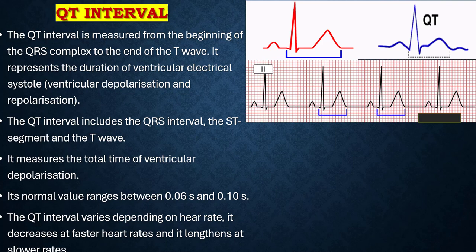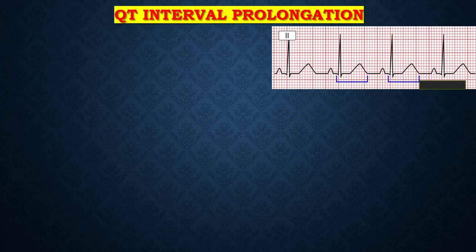It decreases at faster heart rate and it lengthens at slower heart rate. When the heart rate is fast, this becomes shorter, and when the heart rate is slow, this interval becomes prolonged.